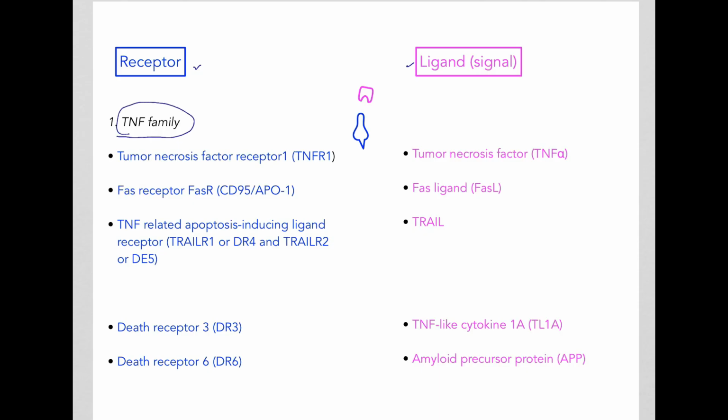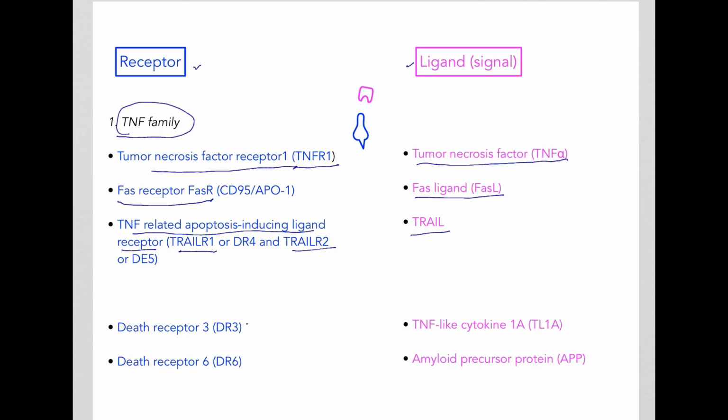So this includes, for example, the receptor tumor necrosis factor receptor 1 or TNFR1, which binds the ligand TNF-alpha. Then we have the FAS receptor that binds the ligand FAS ligand. And then we have the TNF-related apoptosis inducing ligand receptors, such as TRAIL-R1 and TRAIL-R2, and these bind the ligand TRAIL.